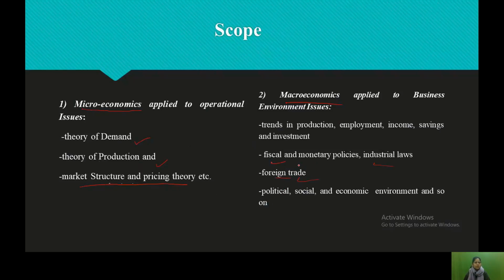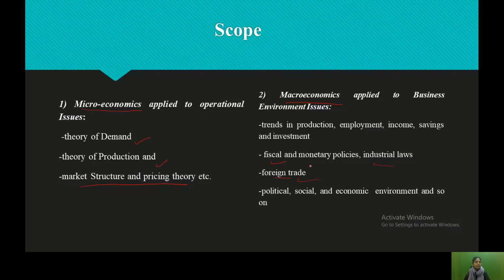Okay, so this is how both the concepts of microeconomics as well as macroeconomics, and some other aspects, are involved in the scope of managerial economics, but largely it is these two branches of economics, micro as well as macro, which are involved.